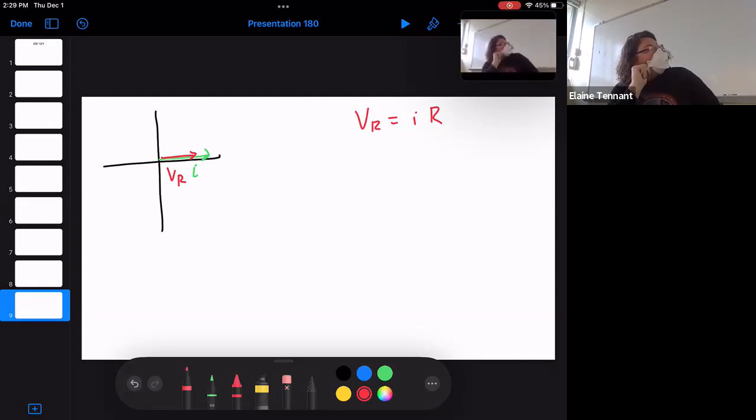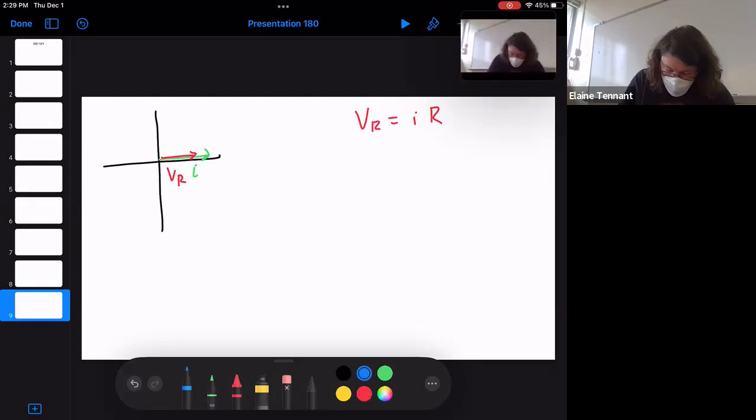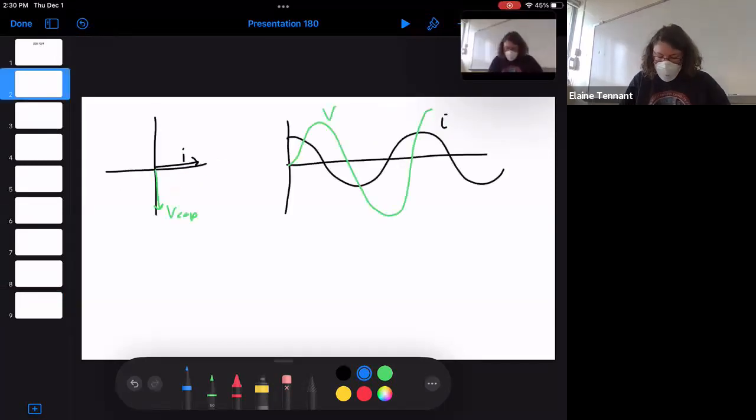Okay, now I'm going to draw the voltage across the capacitor. Now, again, the voltage across the capacitor is going to lag by 90 degrees. It doesn't matter so much that there's other things involved here, because the whole function of the capacitor is that it lags behind the current. Whatever the current's doing, the capacitor will do 90 degrees later.